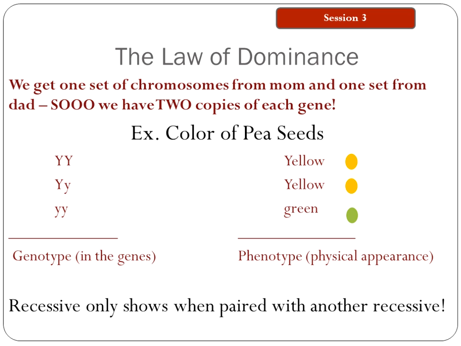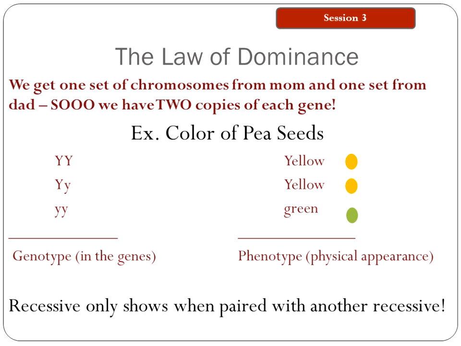So if you happen to get two yellows, one yellow from mom, one yellow from dad, then you're going to automatically have yellow seeds. However, if you get one yellow from mom and one green from dad, or a yellow from dad and a green from mom, one of each basically, even though you have the green allele there, the yellow overpowers it, so you still will have yellow seeds.